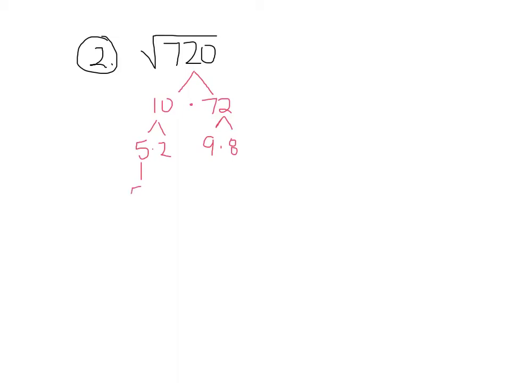Okay, 5 is a prime, 2 is a prime, 9 breaks down to 3 times 3, and then 8 breaks down to 2 times 4. So we have all these prime numbers, 5, 2, 3, 3, 2, and then 4 breaks down to 2 times 2.